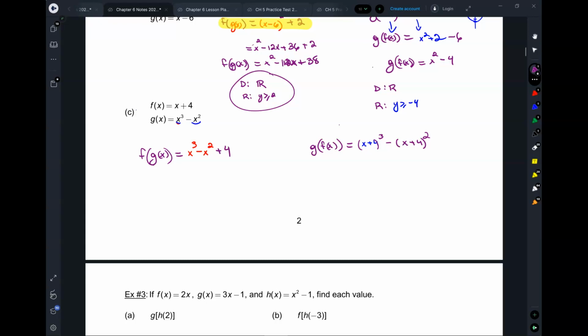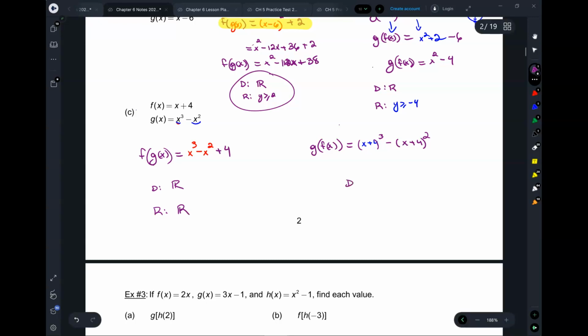Okay? All right. So here for the first one, what's the domain? All real numbers. Okay, now this is a cubic function, correct? So what's the end behavior going to be? It's going to go up on one side, down on the other side. So the range is going to be all real numbers. Okay?